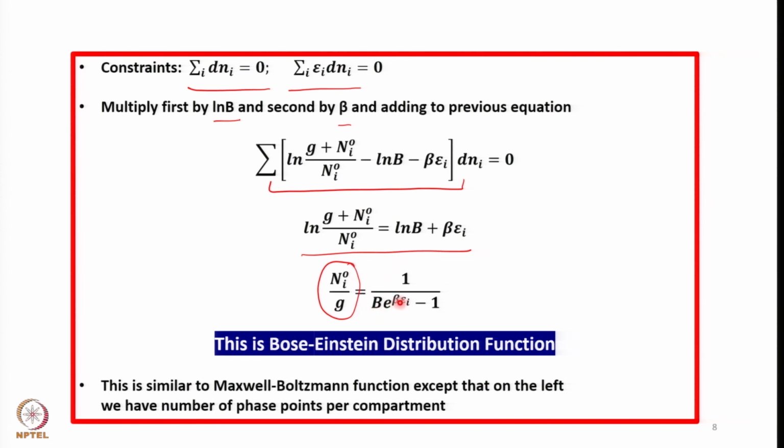This has a resemblance to the Maxwell-Boltzmann function, but you see in the Bose-Einstein distribution function you have additional consideration for the phase points per compartment. That means you now start considering the number of compartments in a given cell. So when you compare with the Maxwell-Boltzmann distribution, the Bose-Einstein distribution offers some different features, and the Maxwell-Boltzmann distribution offers some features which were not considered in the Bose-Einstein distribution function.